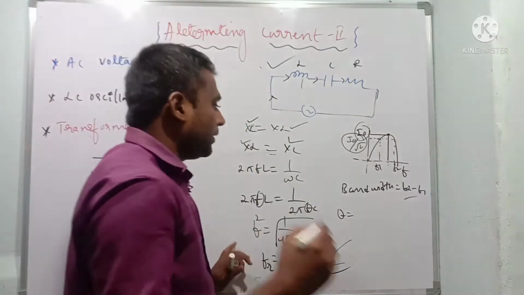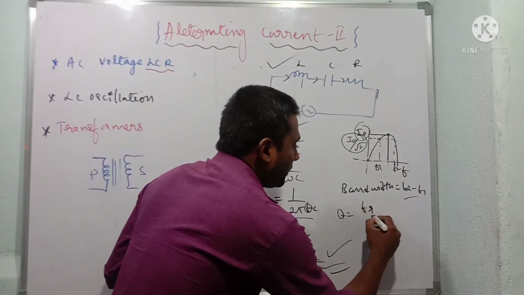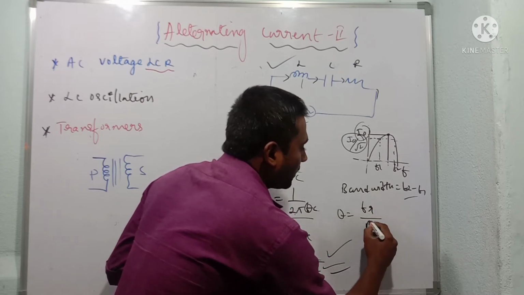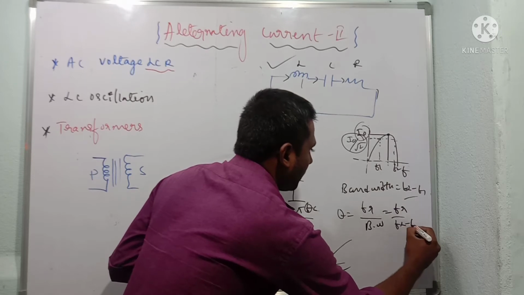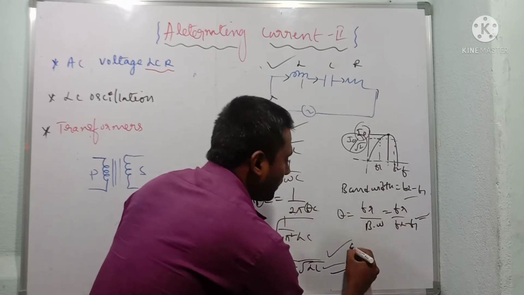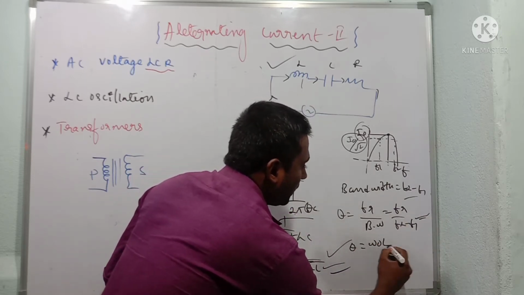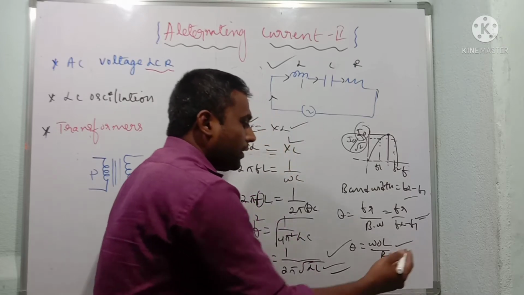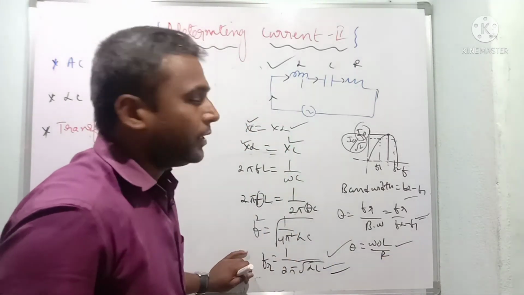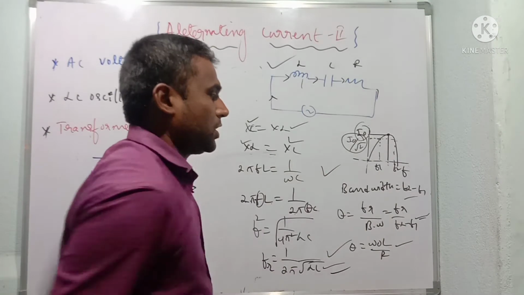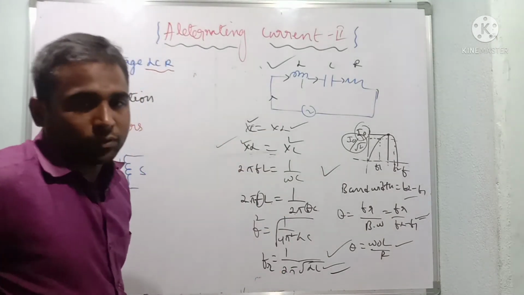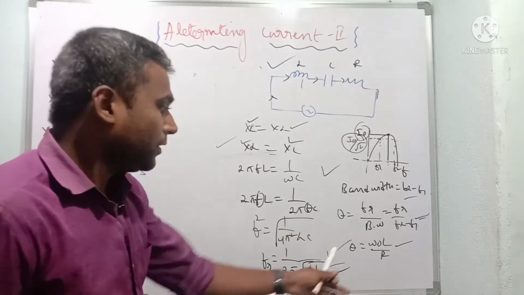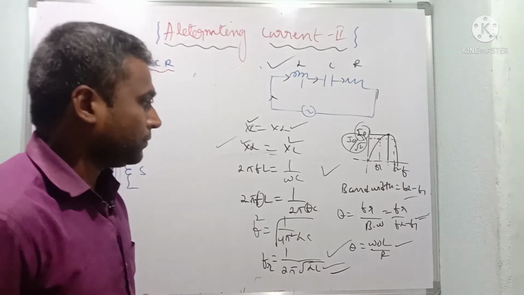Very simple, the ratio of resonance frequency divided by bandwidth, that is FR divided by F2 minus F1, or you can write that is omega naught L divided by R, or you can write omega naught C divided by R. This is all about quality factor, and this is resonance frequency. Please note down. Very useful formula for CET and NEET exams.